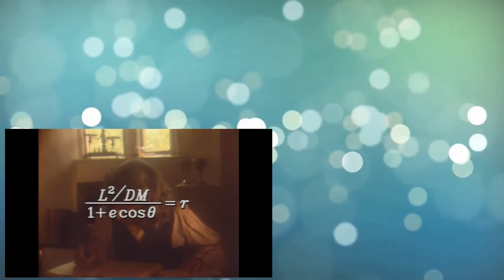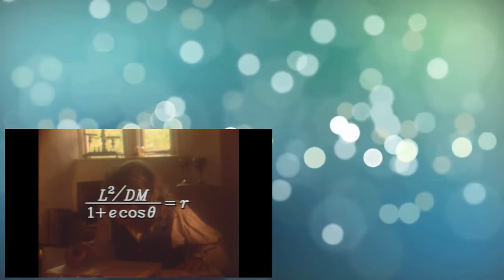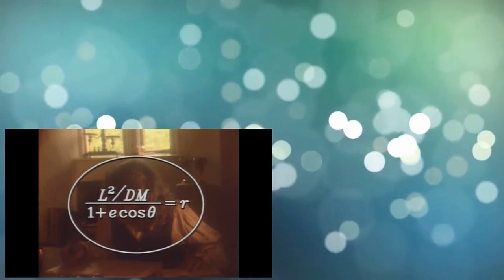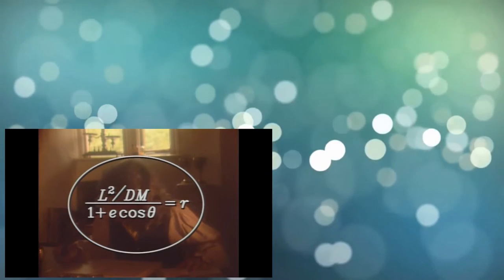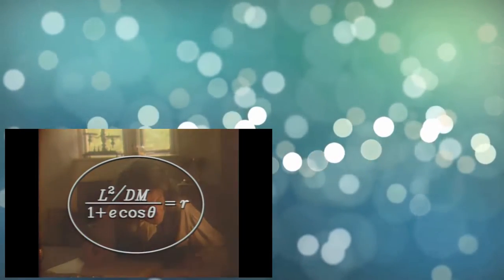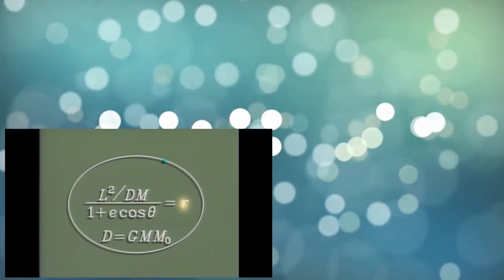Because of those laws, the equation of the Earth's orbit is that of a conic section, and in particular, an ellipse. This is one of the underlying mathematical patterns of the universe.